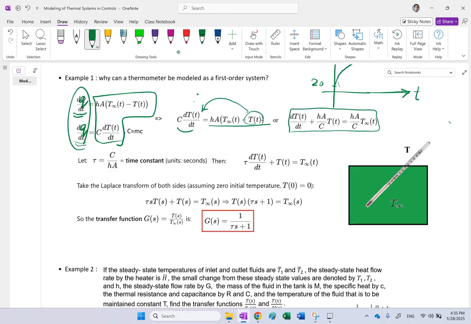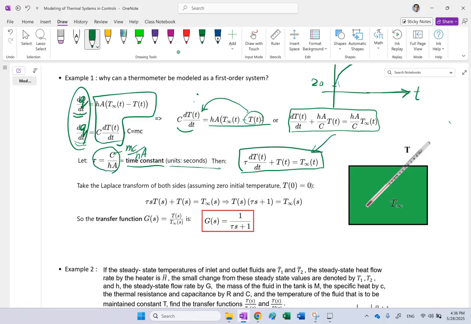Your equation becomes this. And here we can define a time constant, and that is the coefficient of T, which is C over hA. And remember, this C is mc, so it's really m small c over hA. And that is the time constant of the system, where the unit is in seconds. If you write it, then your system equation becomes this in terms of tau.